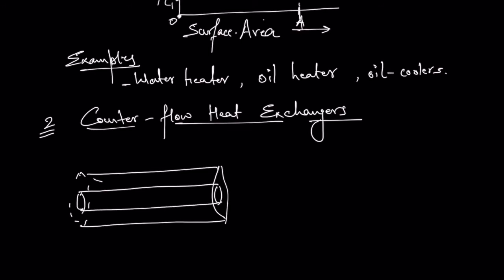In this one the hot fluid, which is at temperature TH, this is the entrance, so 1, and the exit will be THO, or 2, you can say 1 and 2. And in the annular space, the cold fluid will flow in the opposite direction. Let me draw with a different color.